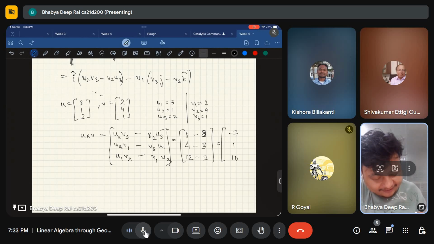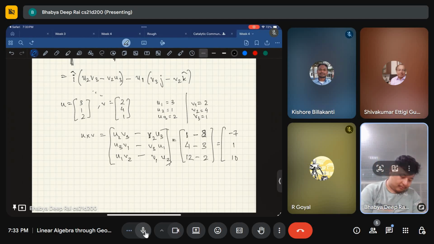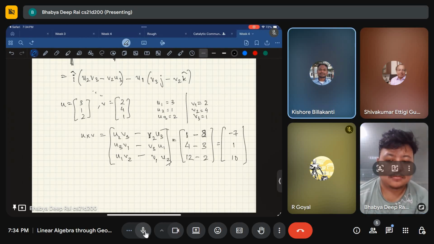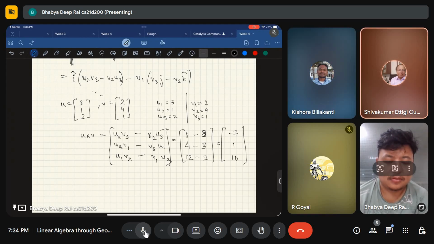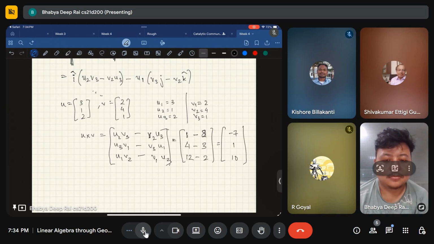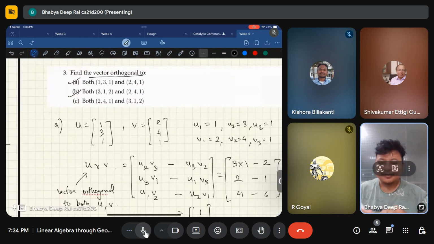It should be 1, not minus 1. Yes, 10 is correct. It's only the sign for the second element. Okay, and the final one.